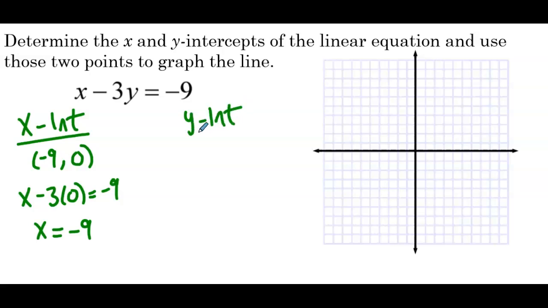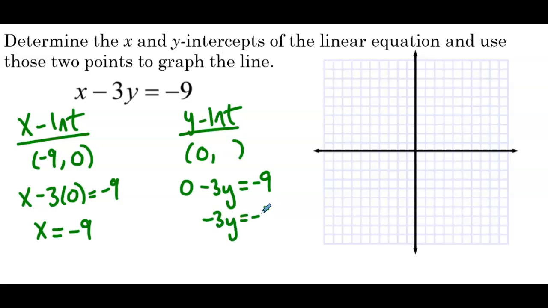Similarly, our y-intercept is a point whose x-coordinate is 0. So we can substitute 0 in for x in our equation. So 0 minus 3y equals -9, which leaves us with -3y equals -9. Divide both sides by -3, and we have y equals 3.